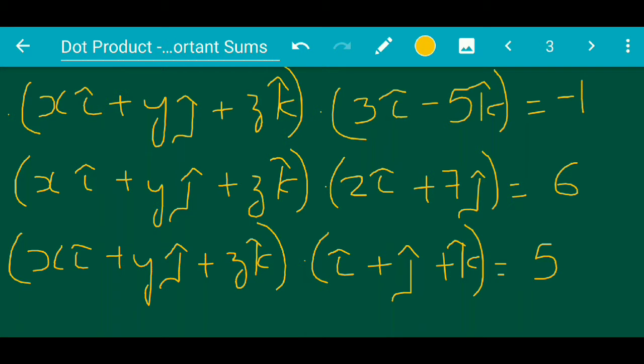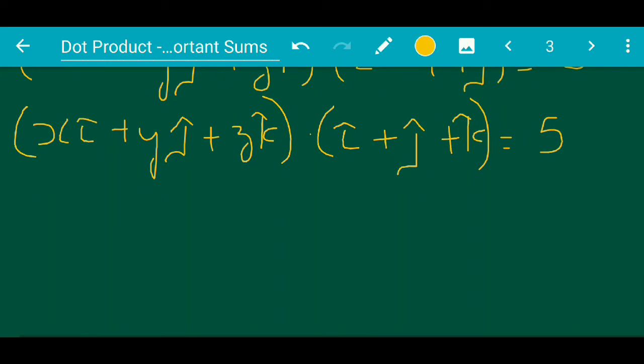Now when we take the dot product, you know that we multiply the coefficients of i, j and k. So in the first case, it is x into 3. So 3x plus y into 0, because there is no j vector in the second bracket over here. Okay. So y into 0 plus z into -5. So we are going to get, in the three cases, first here 3x minus 5z is equal to -1.